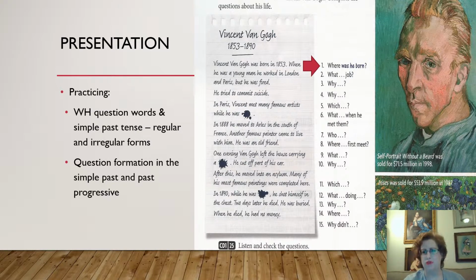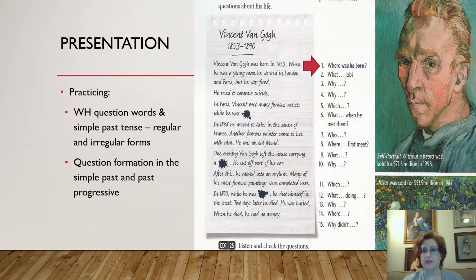And remind students, anything progressive is ing. Present progressive, past progressive, it's always ing. What was he doing when he shot himself? Very good. So what was he doing when he shot himself?